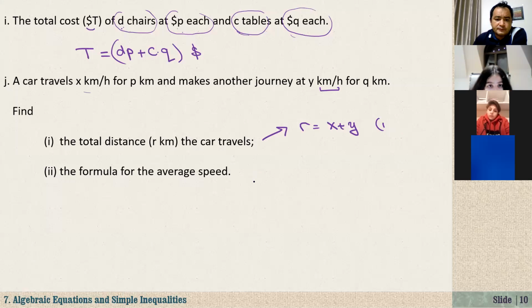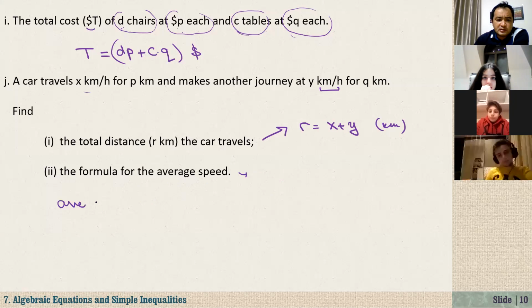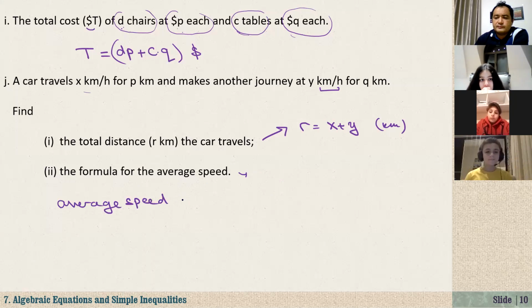The formula for the average speed. So let me just write here, average speed is equal to what? In general, how do you find the average speed?